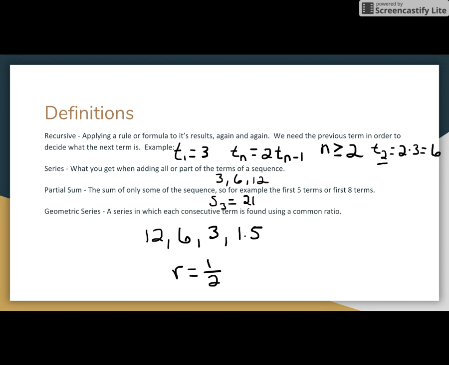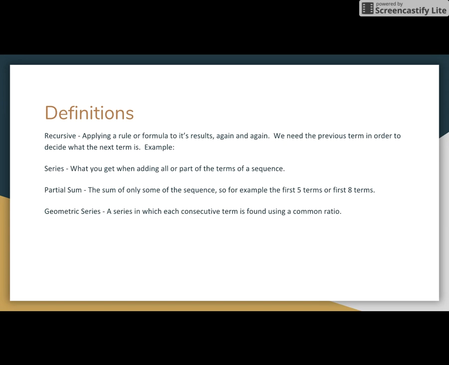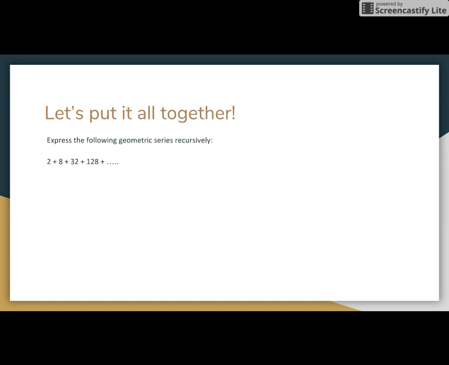All right, so let's now get into defining things recursively. Let's put it all together. We need to express the following geometric series recursively. When we express something recursively, we basically need 3 things. We need to define what the first term is.